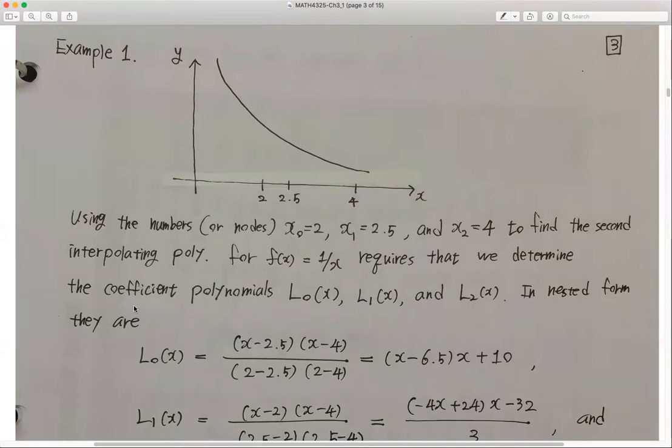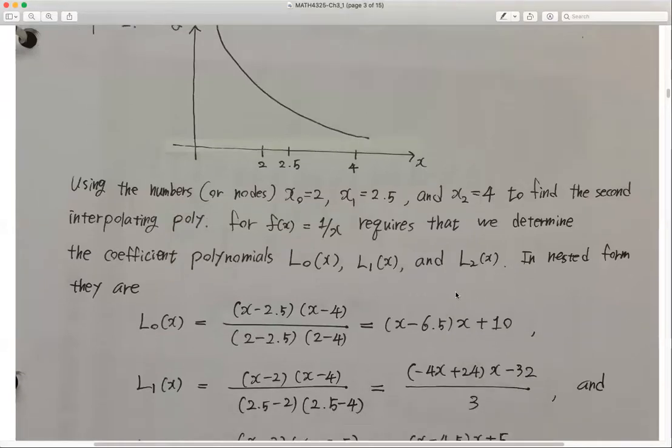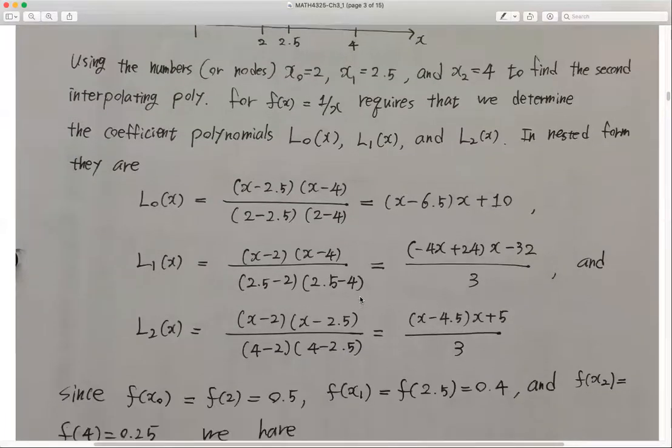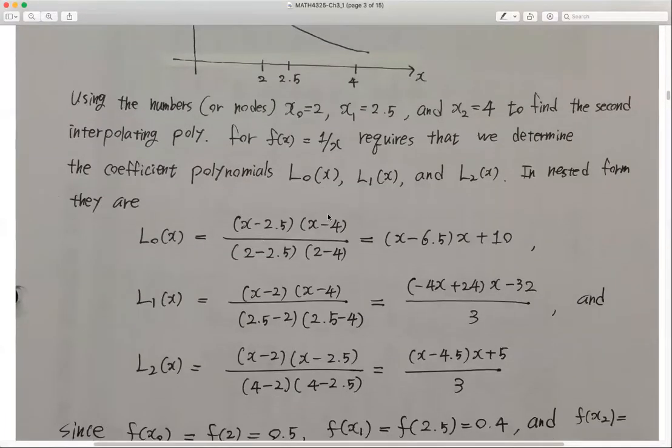It requires that we determine the coefficient polynomials L naught, L1, L2 in nested form. It's not a big deal to figure out the interpolating polynomial. Just apply the formula we saw on the previous page to this problem.